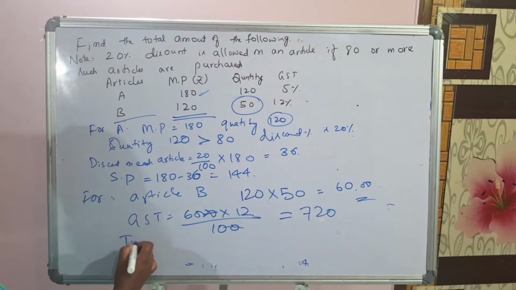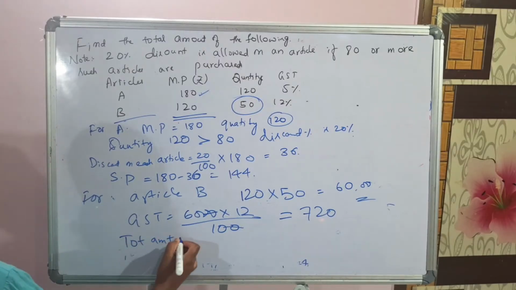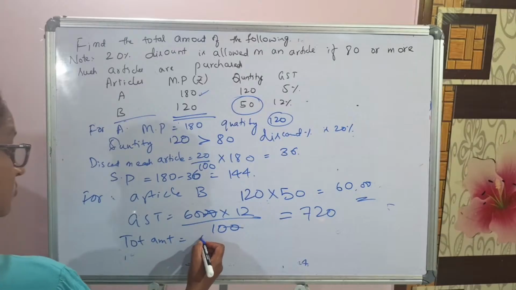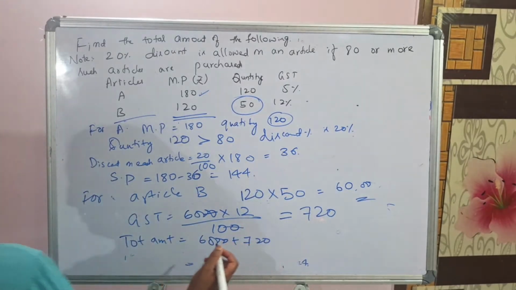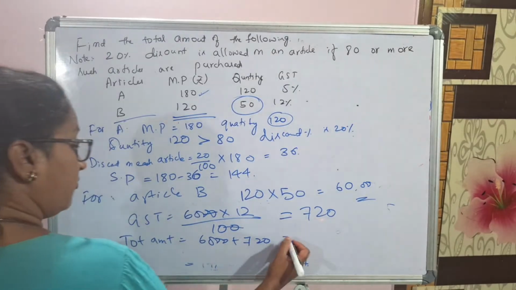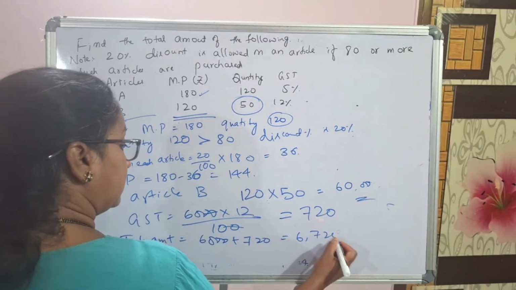So total amount is equal to 6,000 plus 720, which is equal to 6,720.